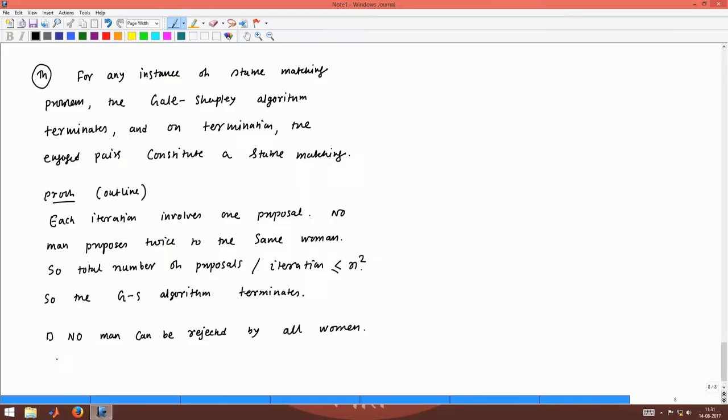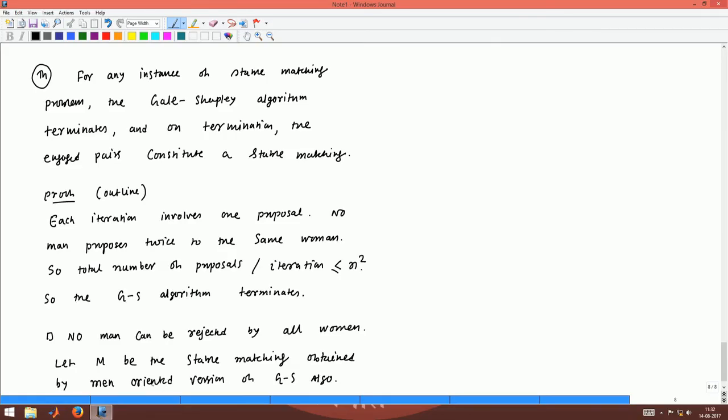Okay. So, let M be the stable matching obtained by the man oriented version of the GS algorithm.